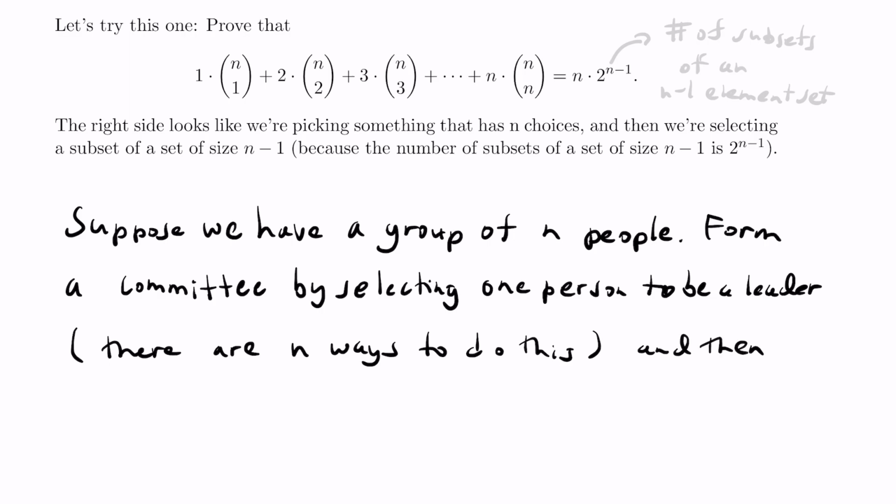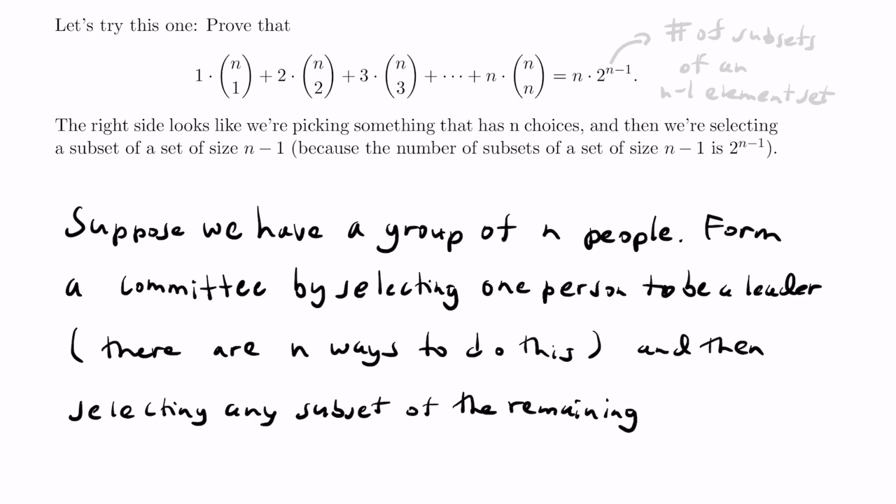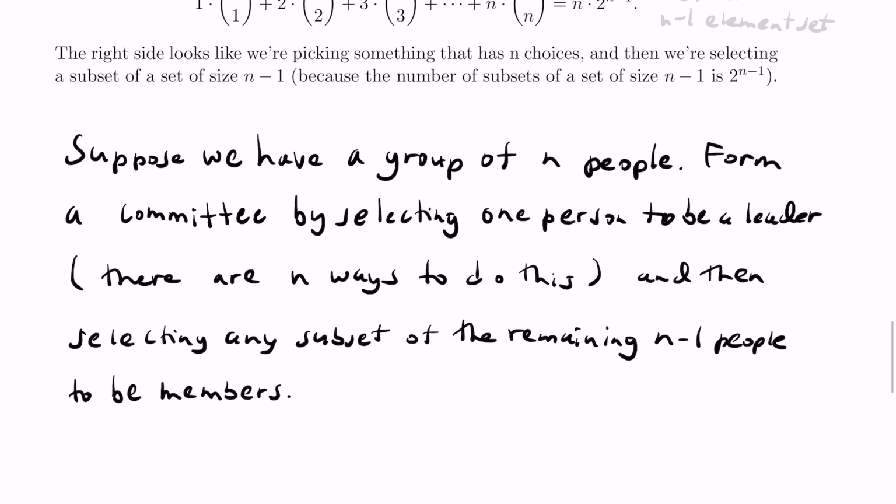And then selecting any subset of the remaining n-1 people to be members. Okay.